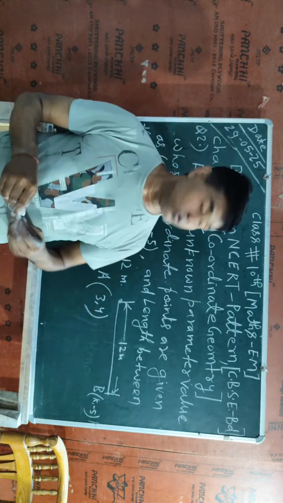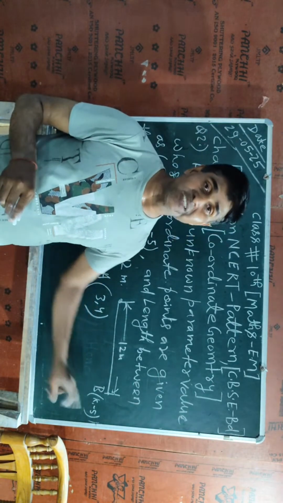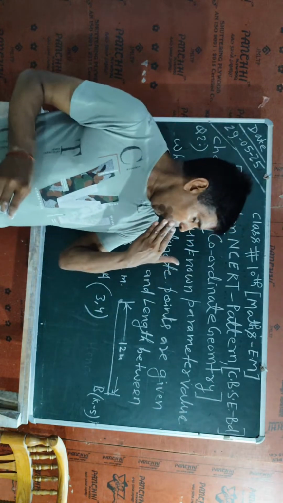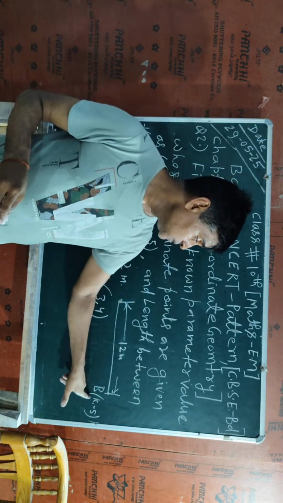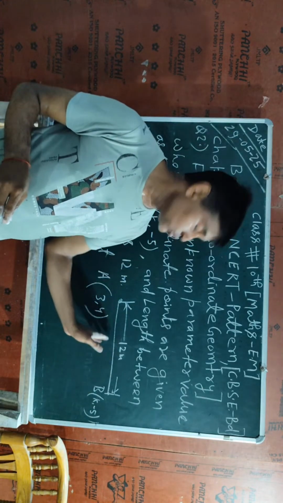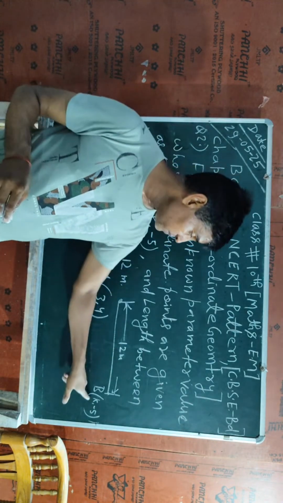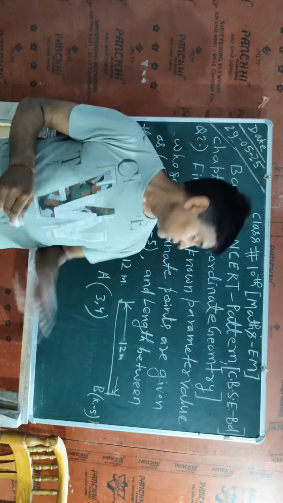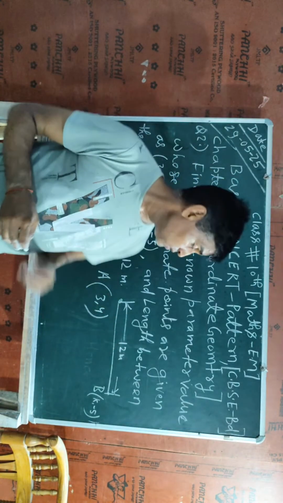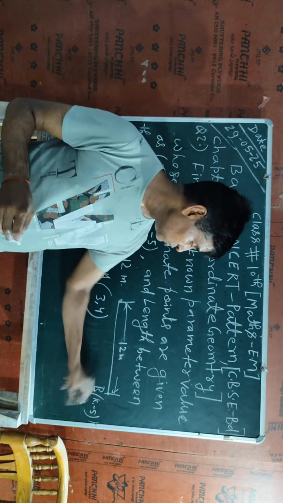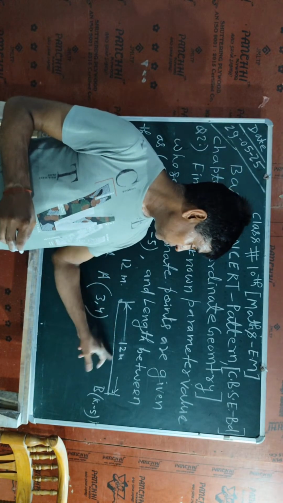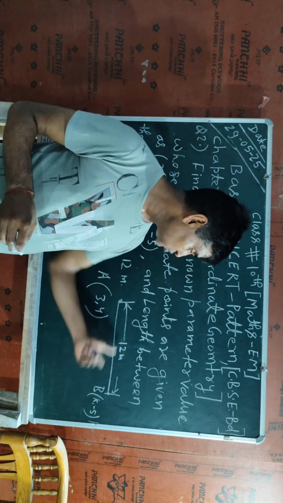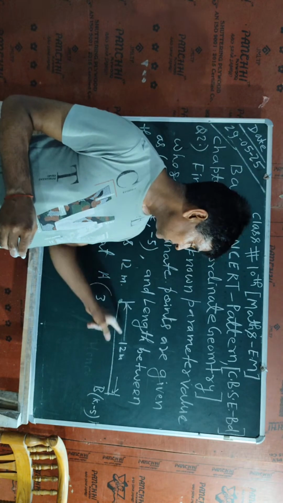Unknown parameter value means the value of k, which lies from minus infinity to plus infinity, but we have to consider only those values of k which give the length between these 2 points as 12 meter. Only those values we will consider, for which, when we put in the value of k, we get 12 meter by using the distance formula.